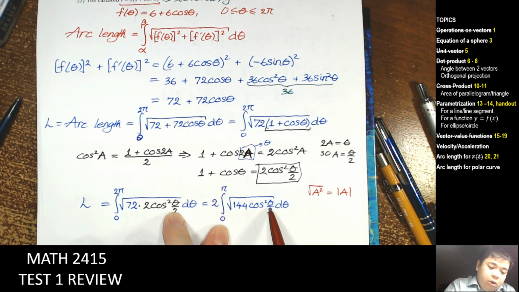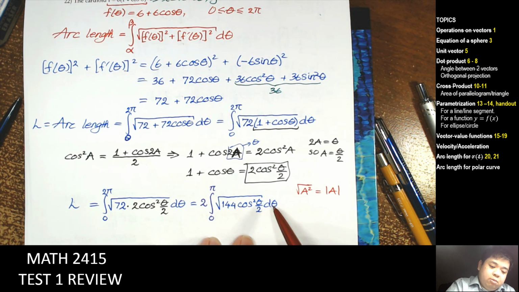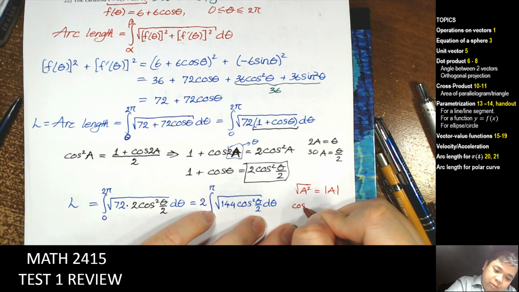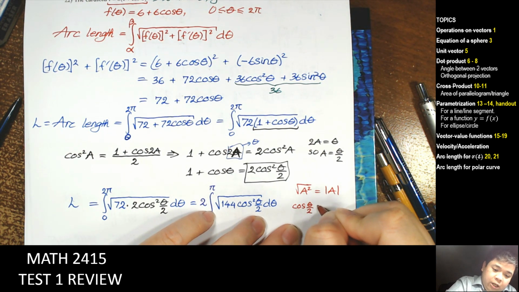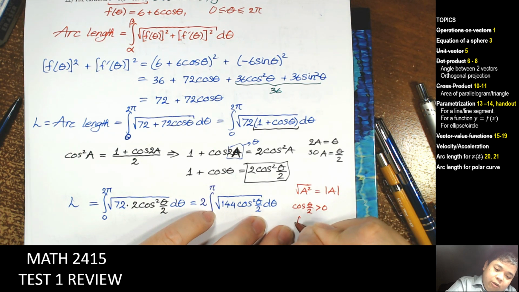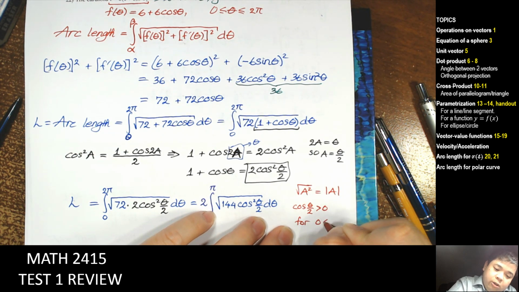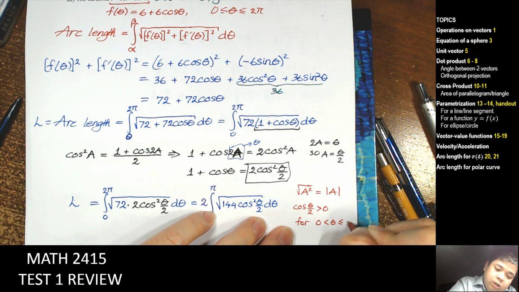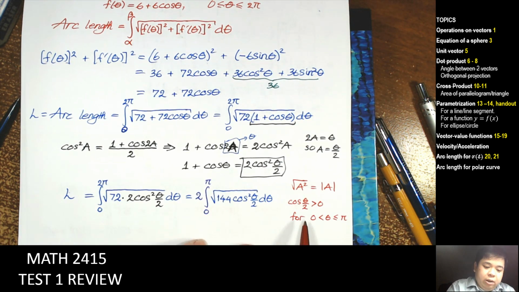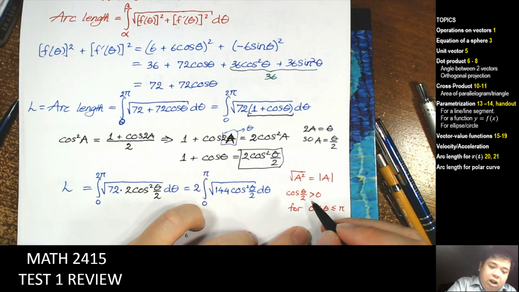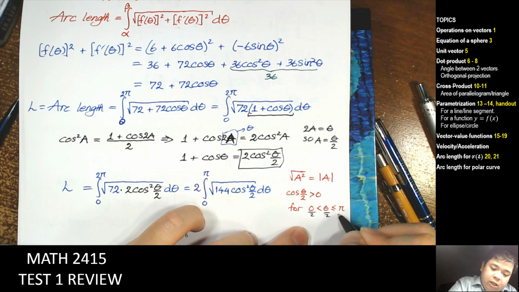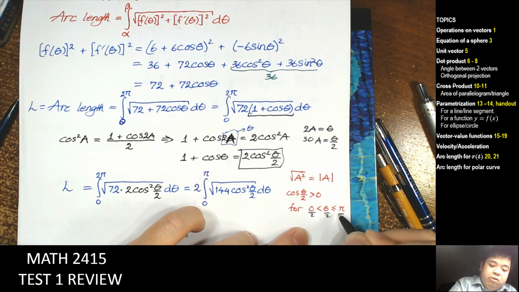If you put in 0 to pi, cosine of theta over 2 is positive for 0 to pi. We can check real quick. If we divide everything by 2 here, theta over 2 is in the first quadrant.